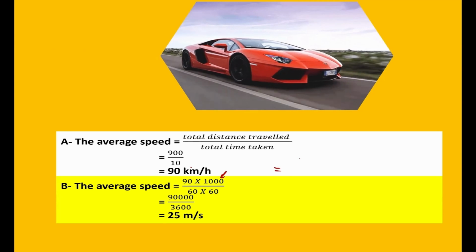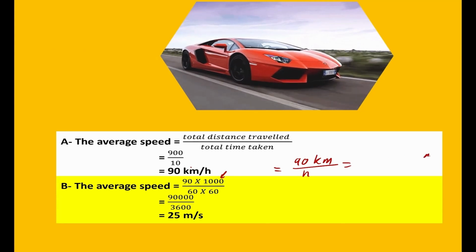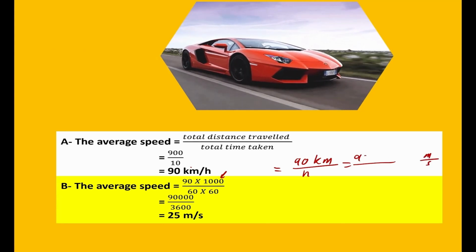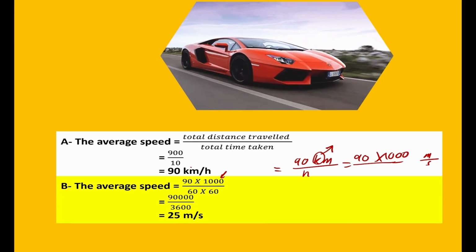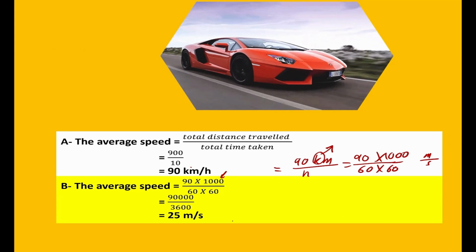So 90 kilometer per hour equals, in meter per second, 90. We will remove kilo, kilo means 1000, over hour. We want to convert it to seconds, so it is 60 minutes times 60 seconds. Finish, very simple.